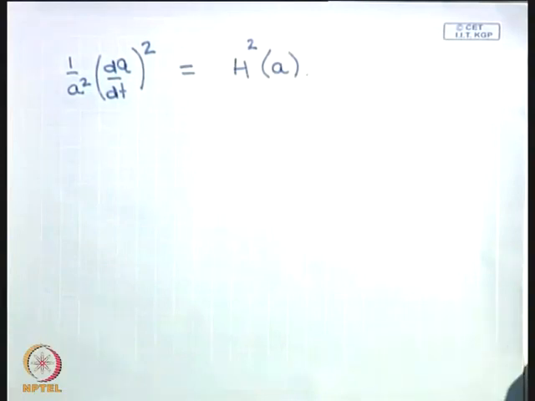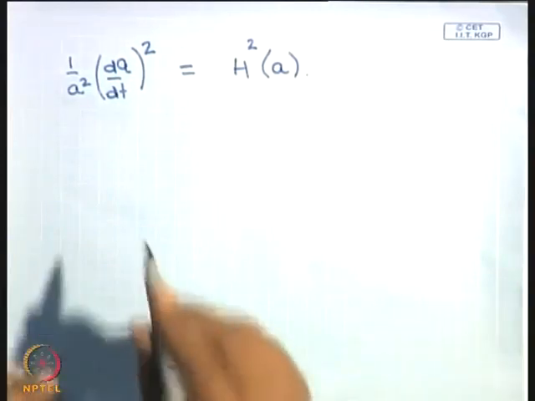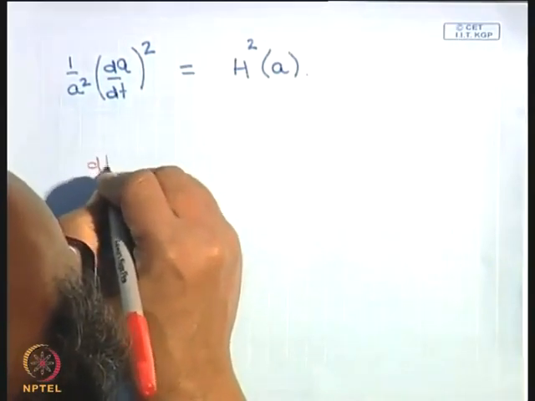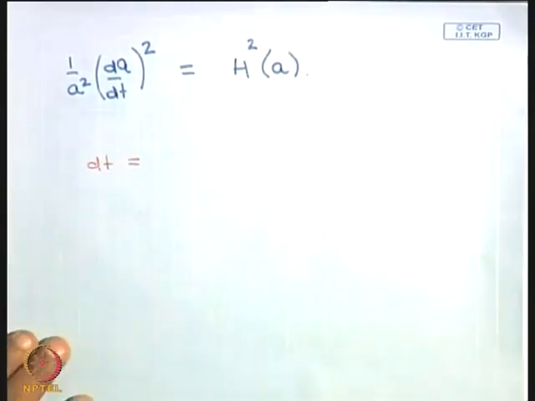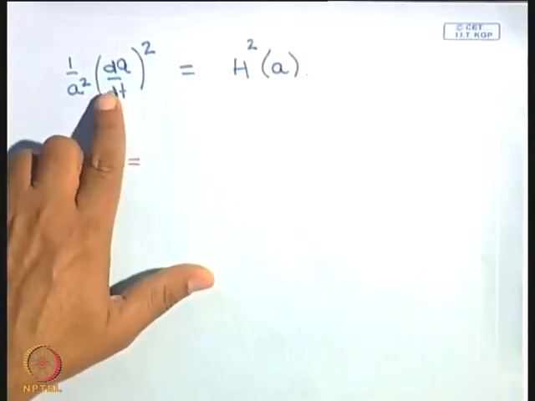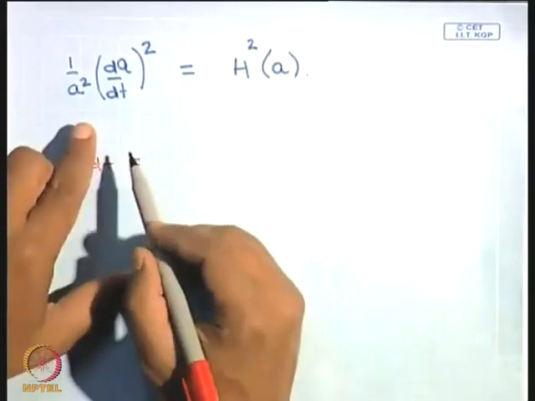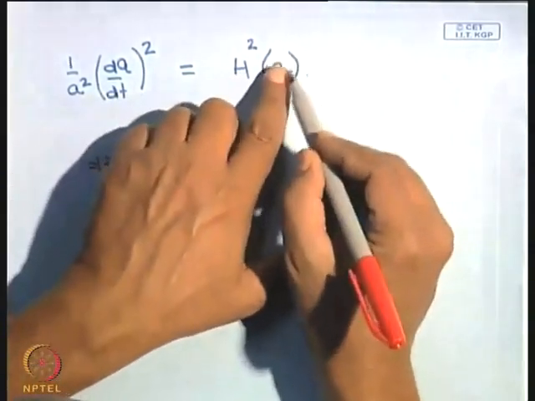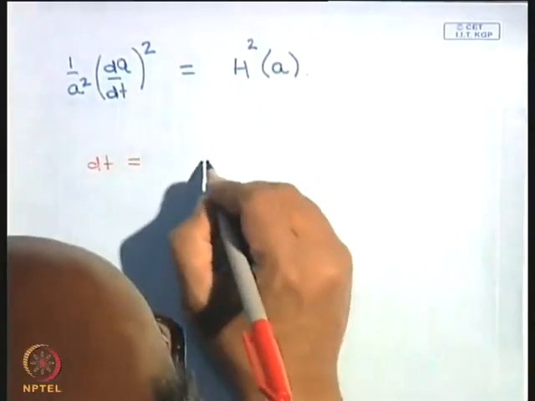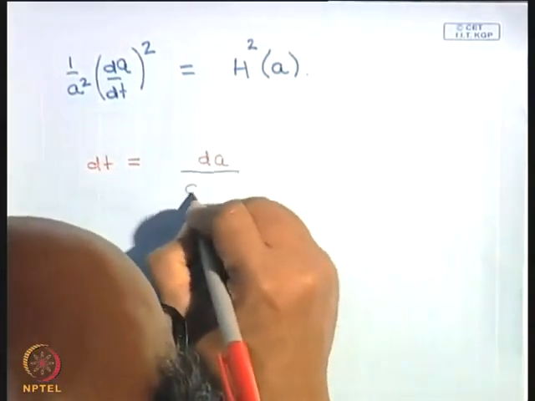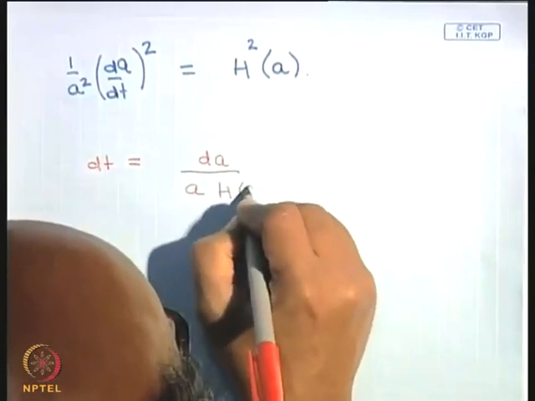So the integral of this equation is that dt is equal to, I take this onto the right hand side, bring this in the denominator, so this is equal to da/(a H(a)).